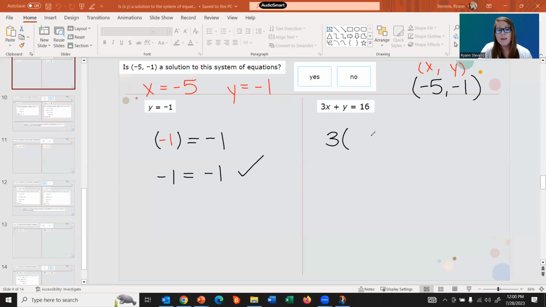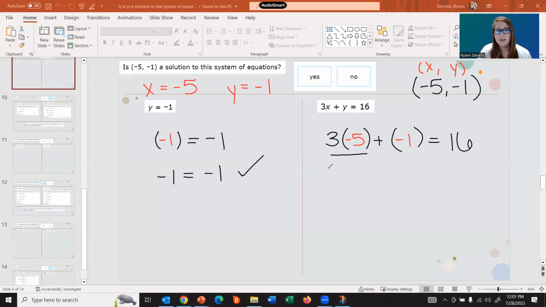We've got 3x plus y equals 16. Now we do have the variable x, so we're going to plug that in. We've got 3 times -5 plus y, which is our -1, is equal to 16. Now, 3 times -5, we're going to do our multiplication first. We have to remember those rules with integers.